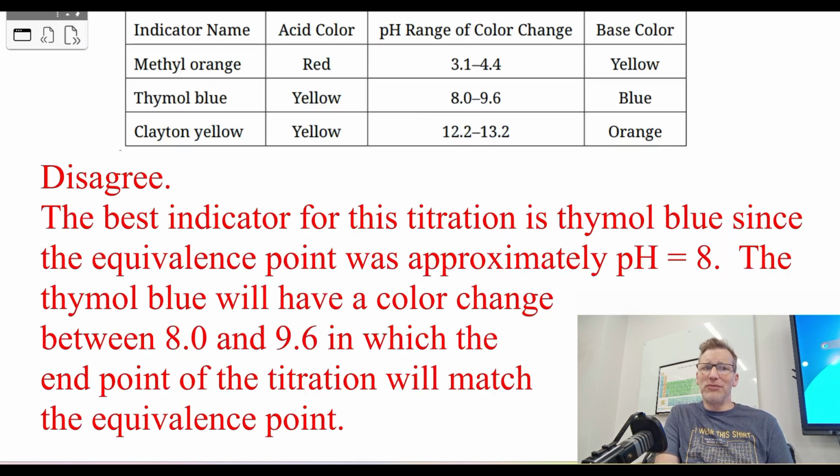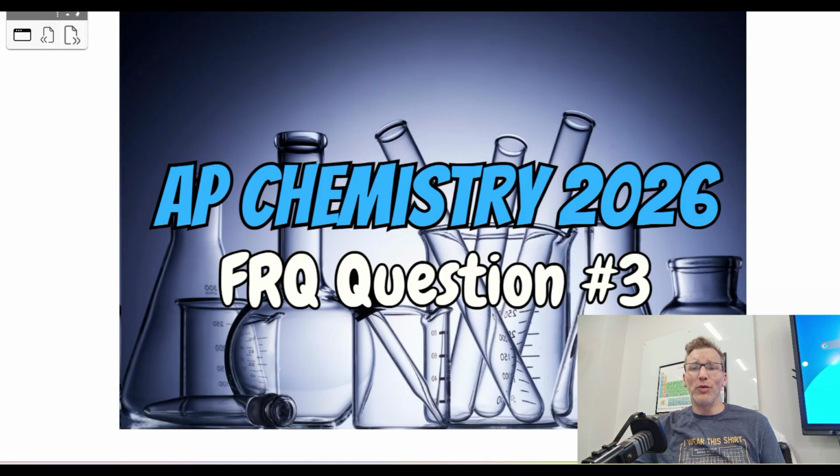The question was, agree or disagree? I said disagree. The best indicator is the thymol blue. Since the equivalence point was approximately pH of 8, the thymol blue will have a color change between 8 and 9.6, in which the endpoint is going to be very similar to the equivalence point. You could have also gone on the negative there and said why the methyl orange was not good. I went with the positive of which one was good.